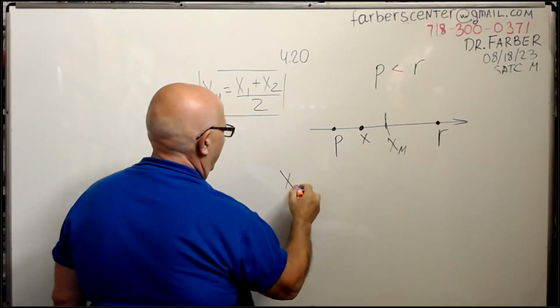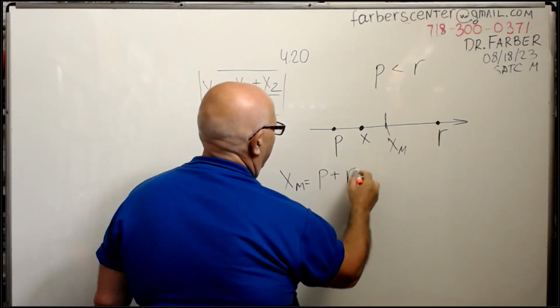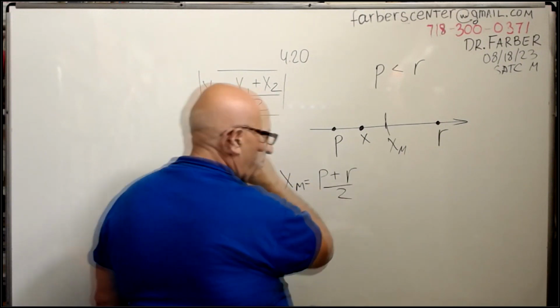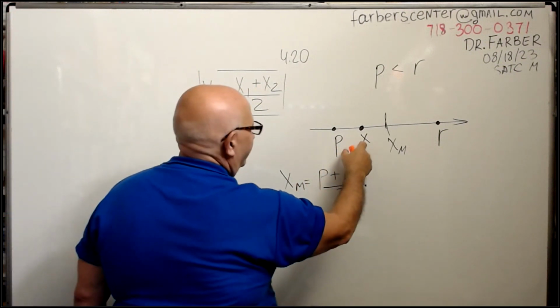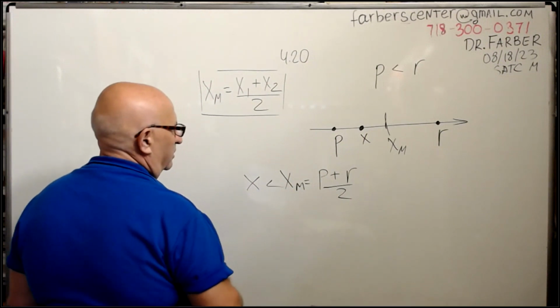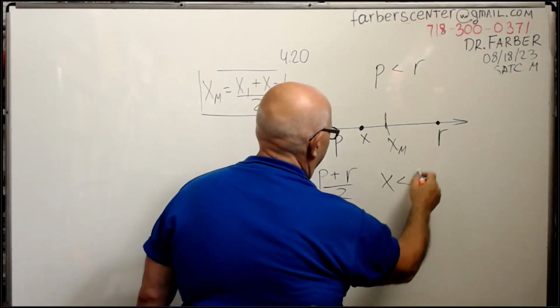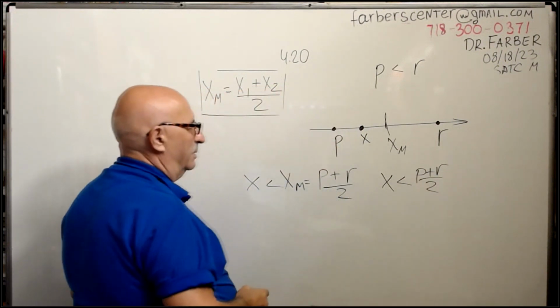Based on this formula, xm equals p plus r divided by 2. But x is on the left part, so you can write x is less than p plus r divided by 2. That's it.